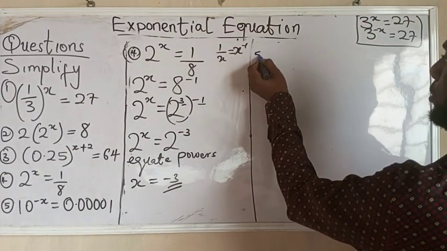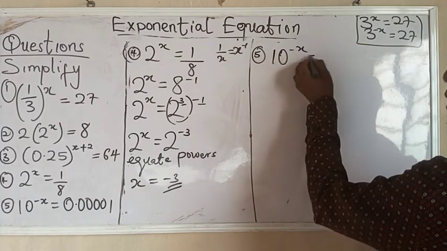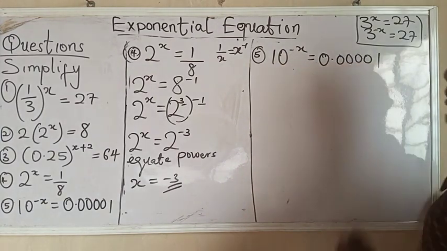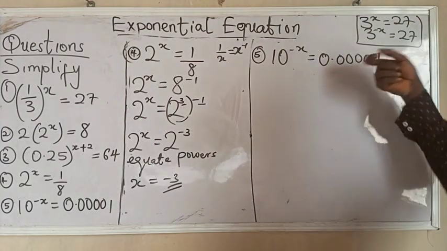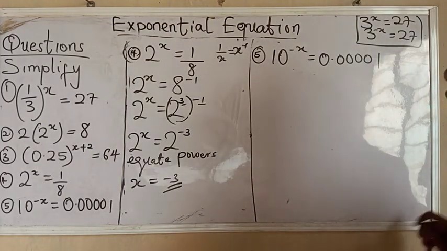The 5th question is 10 raised to power minus x equals 0.00001. How do we solve this? The first thing we need to do, anytime you see a decimal number, please don't forget, take it to fraction. And if there is need for you to divide to its lowest term, do so. If there is no need, you can leave it like that and continue your work.